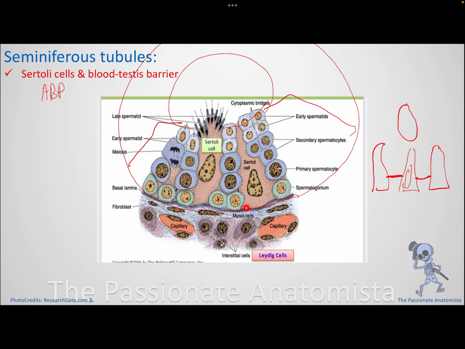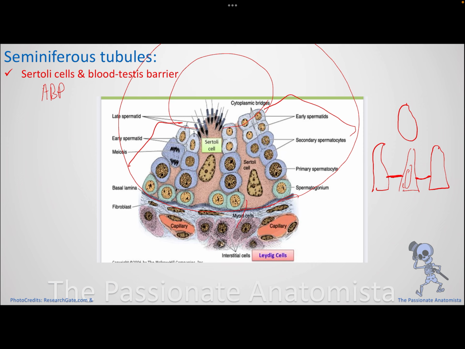They bind to them, bringing them all the way to the seminiferous tubule, and that will help at the final stage, which is spermiogenesis, the morphological changes of the spermatids, so that they can transform into the final look of the sperms. So this is a very important function of the Sertoli cells.